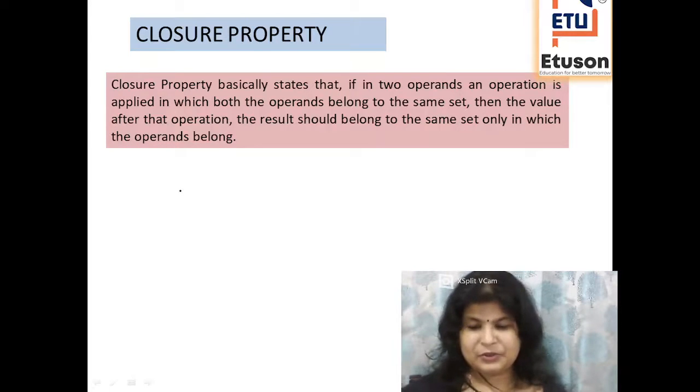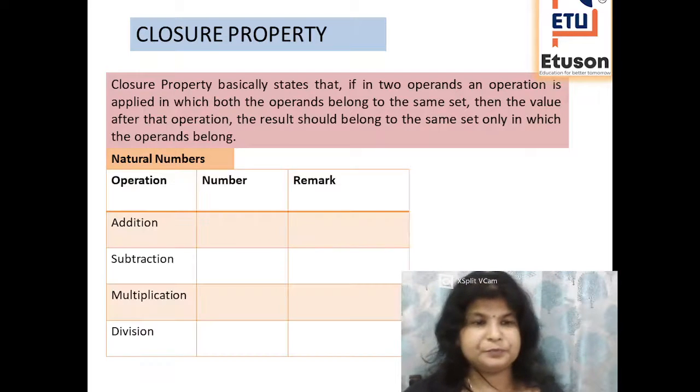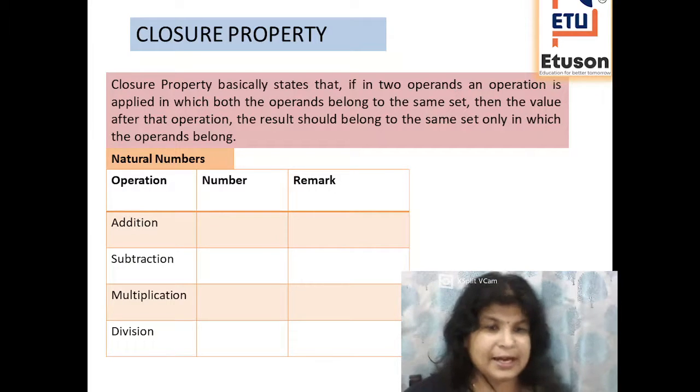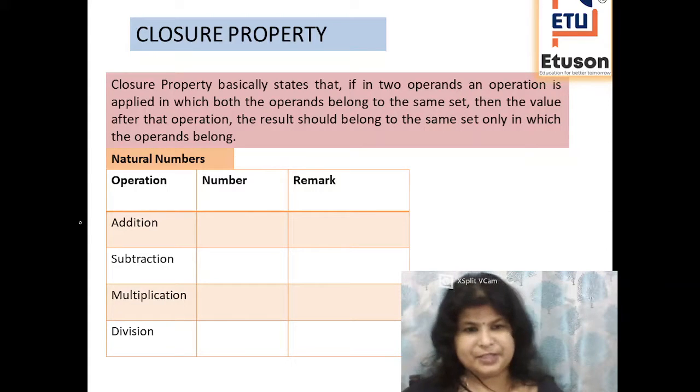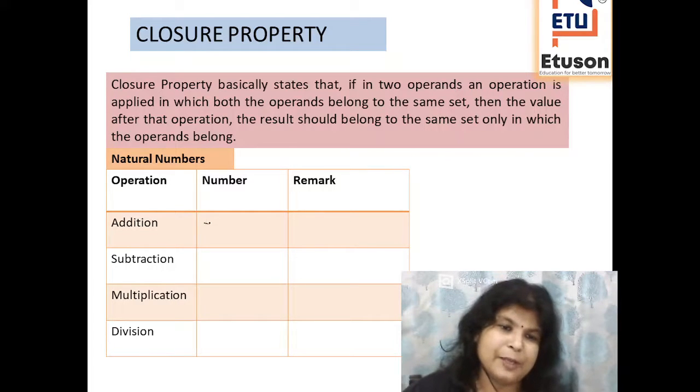So first we will consider the natural numbers. We'll be performing the operations addition, subtraction, multiplication and division. Suppose I have considered natural numbers 5 and 7. So 5 plus 7, the answer is 12.